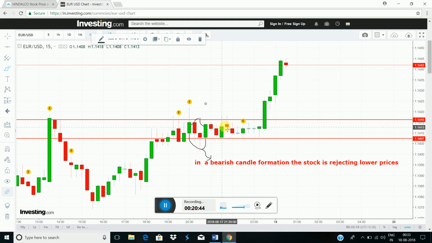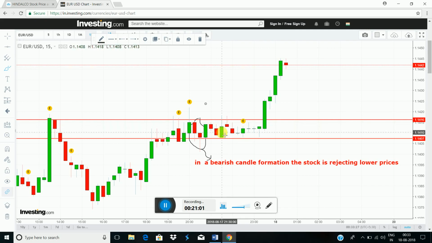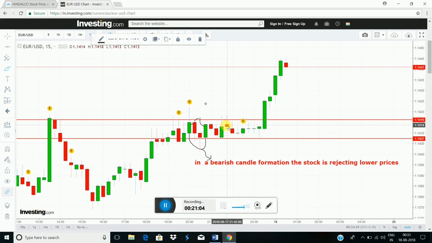And then this candle right over here is a bearish candle. It is rejecting the upper prices, right? But you see the strength is still on the side of bulls, though here we have a bearish candle formation.